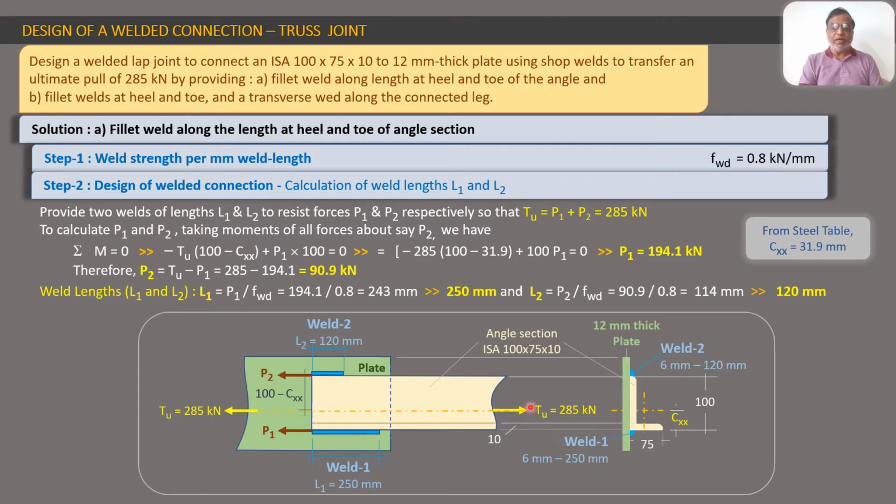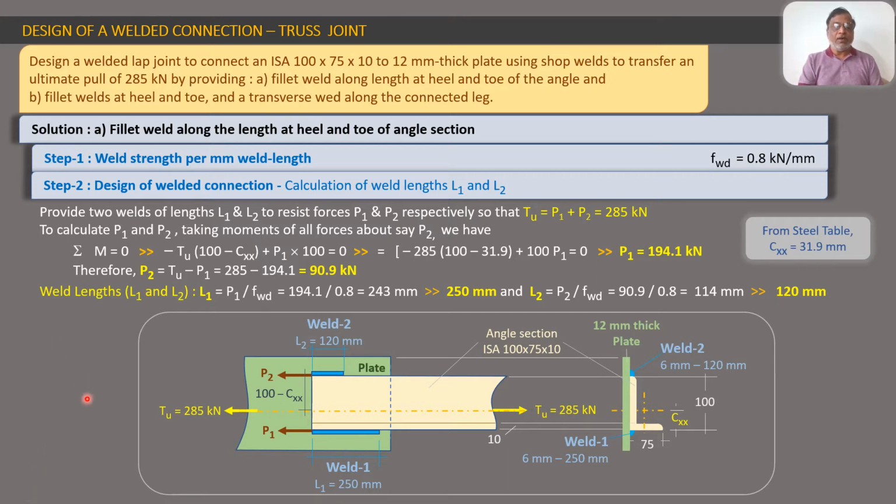So this Tu is 285 kilonewton, given, and we have to generate a total force of P1 plus P2 equal to 285, so that this applied load will be properly transferred through the welds. So it is very simple arithmetic.